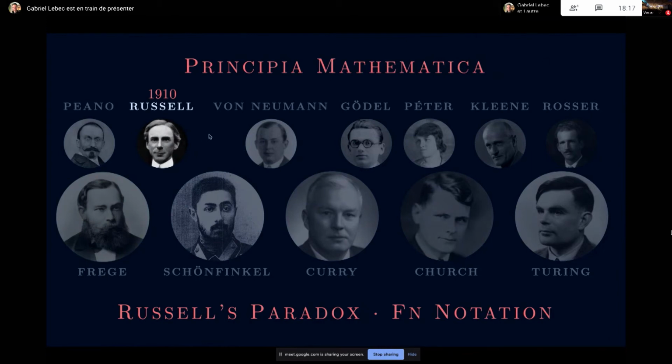In the 1900s, Russell and Whitehead write Principia Mathematica, an attempt to unify all of math. And in the process, actually a little earlier, Russell found a paradox in set theory, which was the question of, does the set which contains all sets that do not contain themselves, is that set in itself or not?